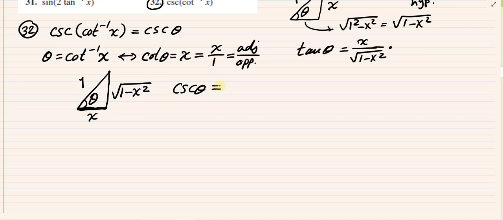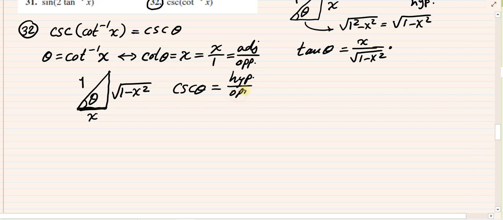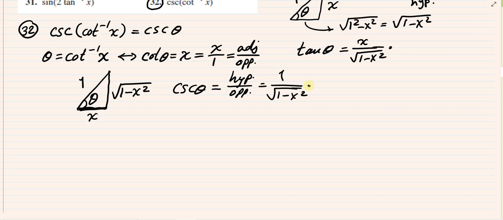Sine is opposite to hypotenuse. The reciprocal of sine makes it hypotenuse to opposite side on the triangle. So it's going to be 1 over the opposite, which is root 1 minus x squared. See how that works? And there you go. Let's see, that should be that. Maybe make sure I got this right.